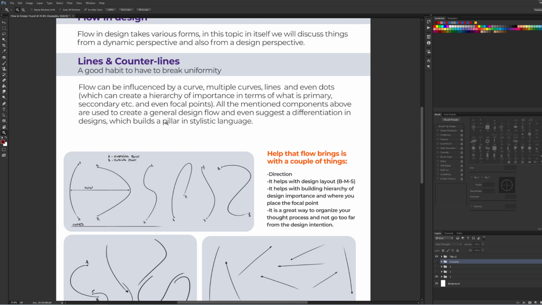This is something you have to clearly understand: stylistic language is heavily influenced by flow, meaning that whenever you simplify things, you have longer lines, and whenever you add more complexity, you have shorter lines. So clarity of flow will create a more stylized push.